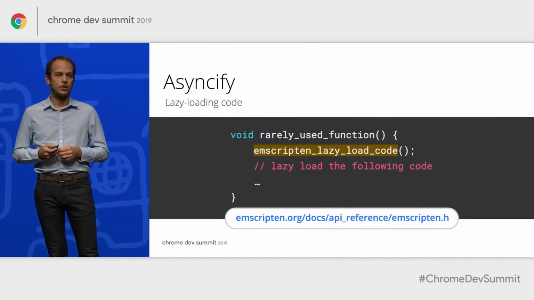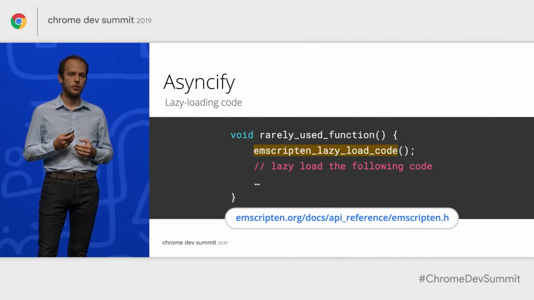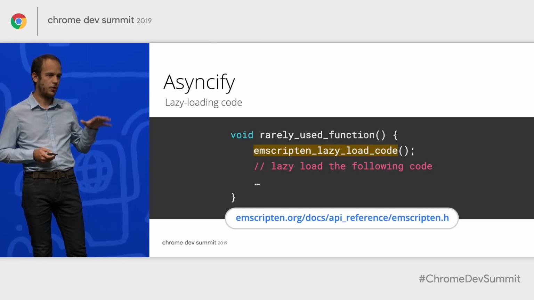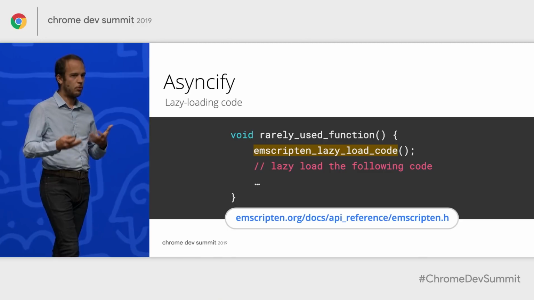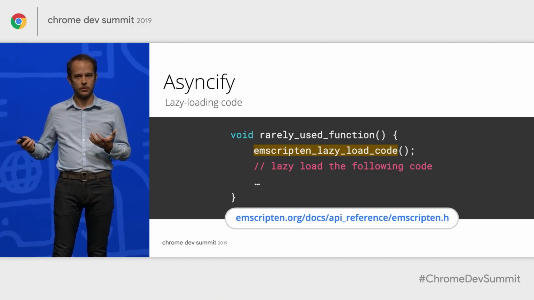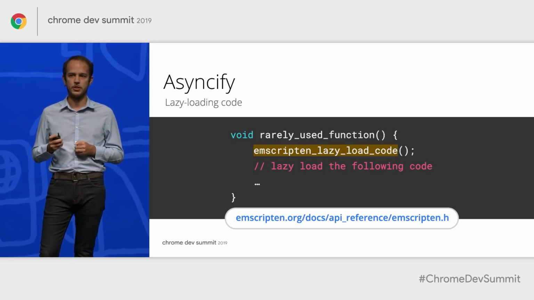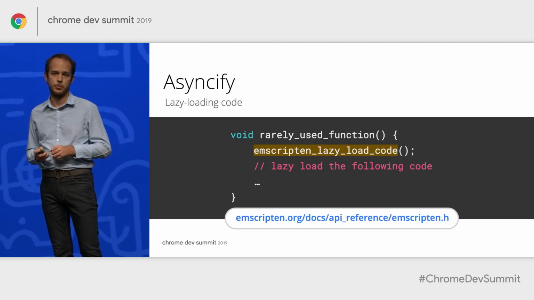To use it, you need to call a special function, emscripten_lazy_load_code. During compilation, it will extract any following code into a separate WebAssembly module. Then, during runtime, when or if that code is actually reached during execution, Emscripten will use Asyncify to dynamically load the missing pieces and continue as if your code was never split in the first place.